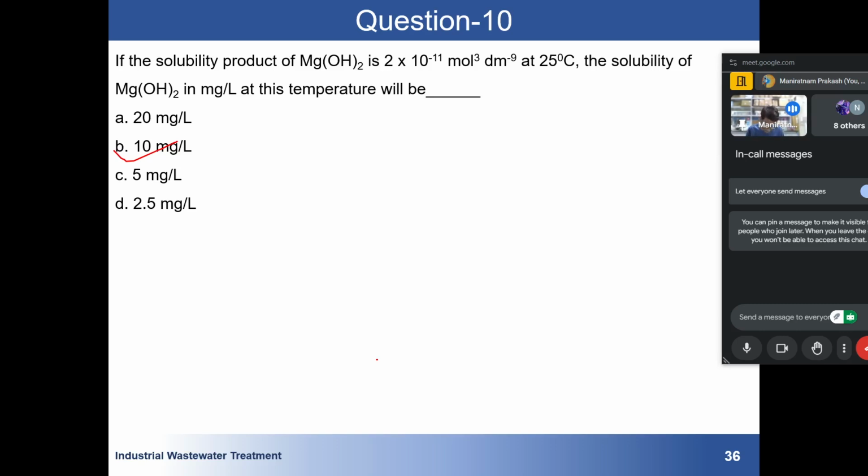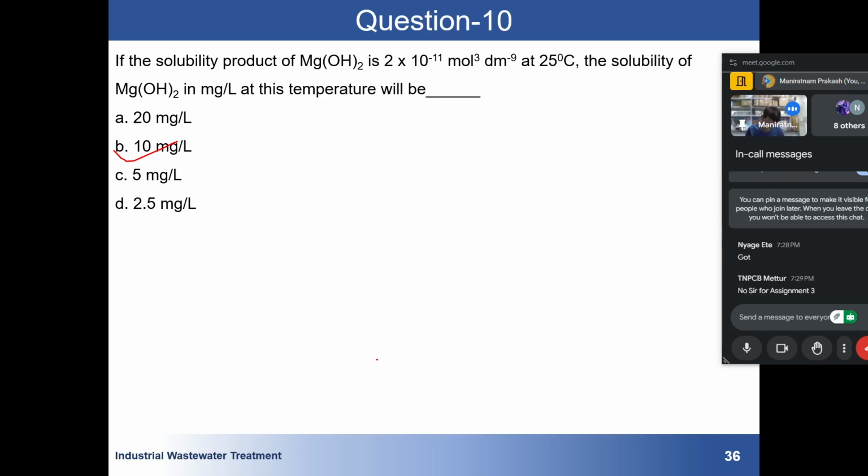And regarding assignment 3, there was one problem that answer A was correct, but in spite of marking A, they have not given you marks. You have not got any marks for assignment 3.